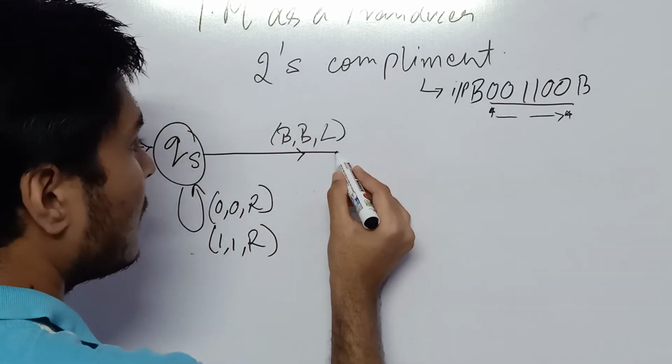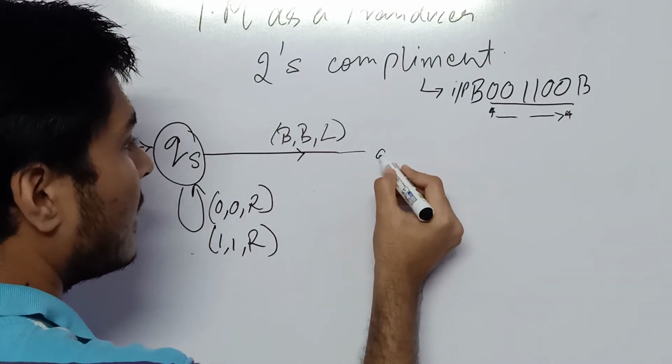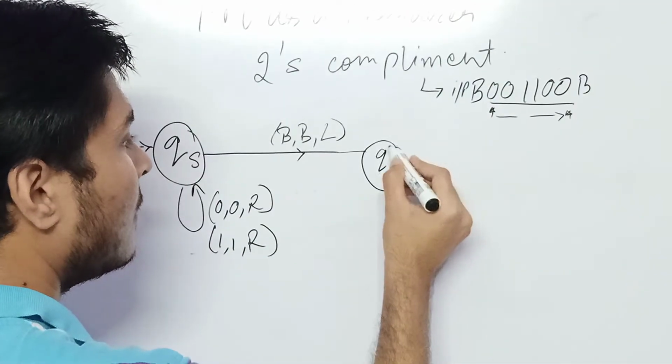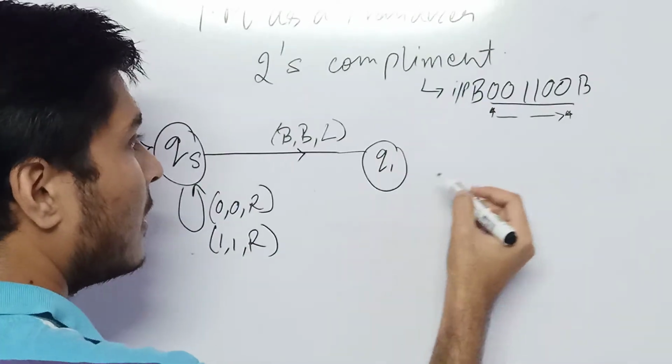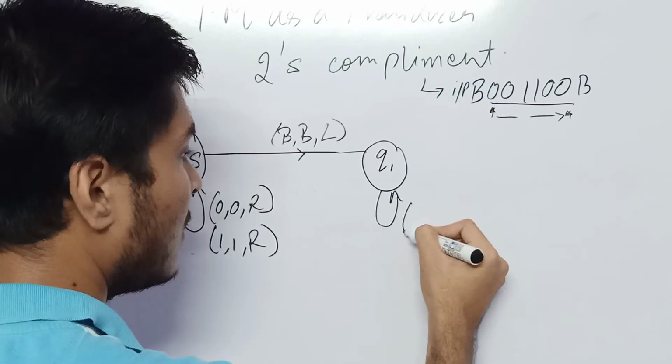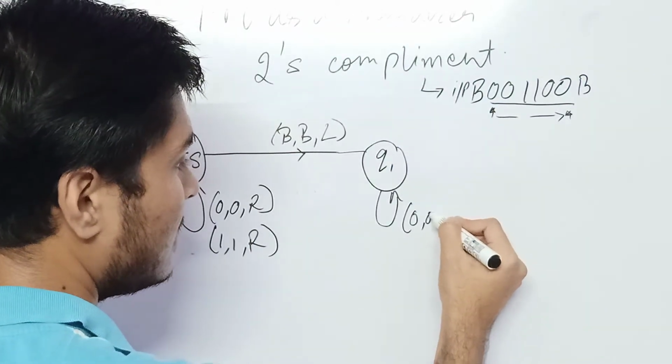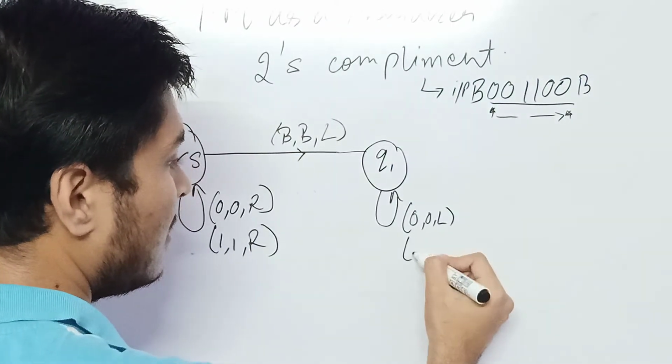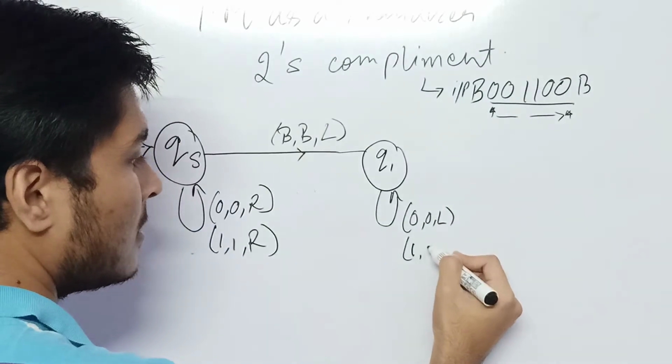Then again, in Q1, encountering the zeros, 0 as 0, move left.